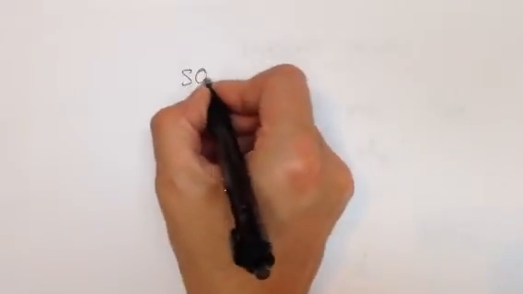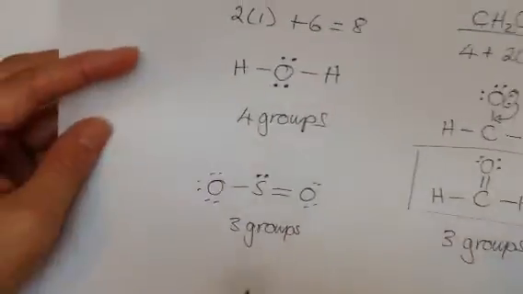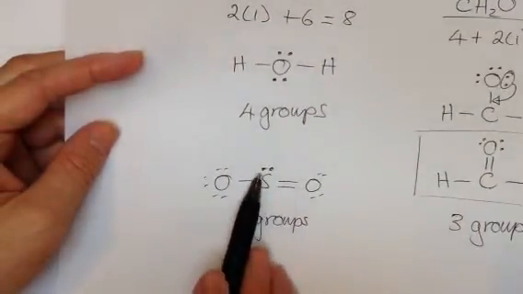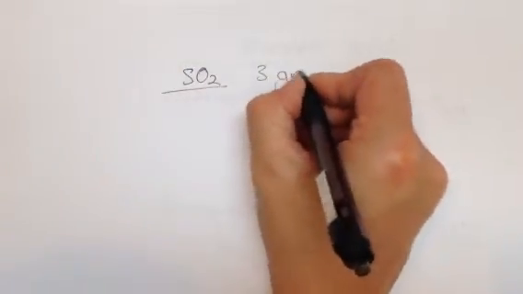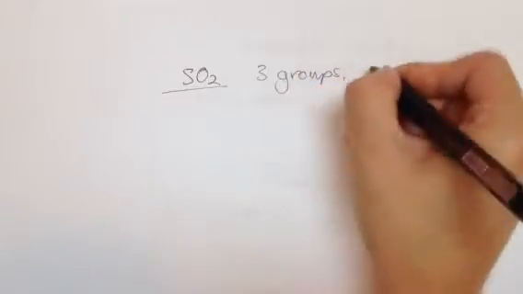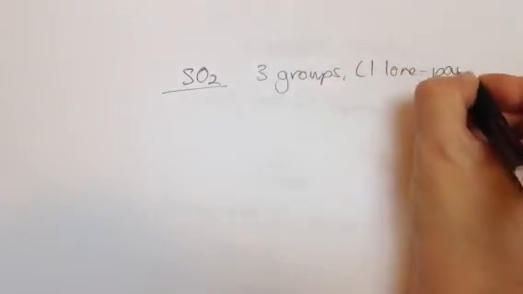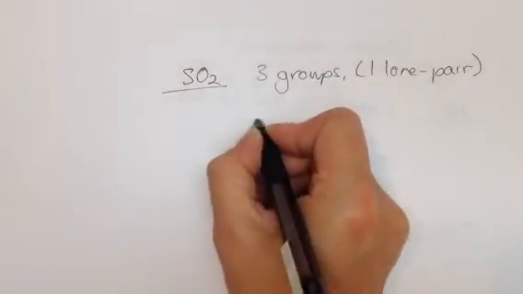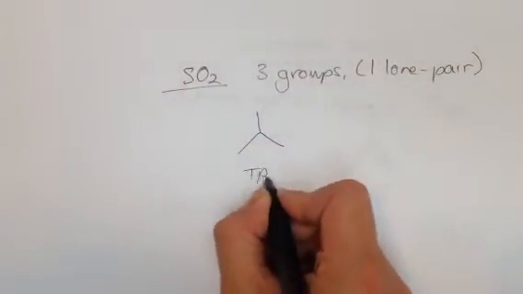Our other example was SO2. Okay, so here we've got SO2. It's got 3 groups on its central atom. 1, 2, 3, and one of them is a lone pair. So 3 groups on the central atom, and one of them is a lone pair. So remember, maximum distance apart that 3 groups can be is in the trigonal planar geometry.